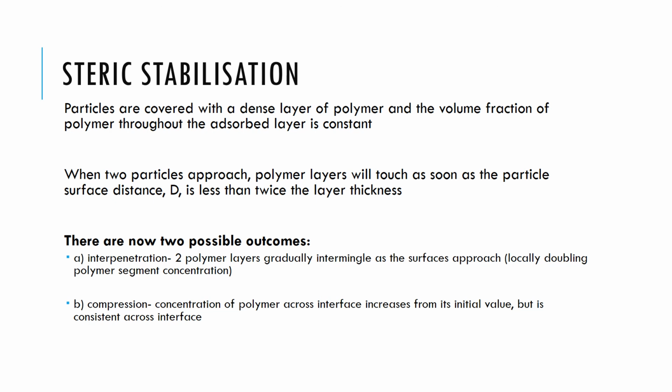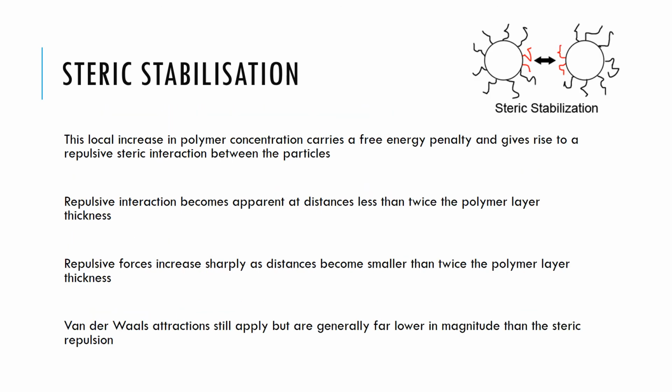So let's have a look at those. As the two particles move closer together, there is a local increase in polymer concentration. And from a free energy perspective, that's not stable. So it carries a penalty, and ultimately it gives rise to a repulsive force that separates the two particles.